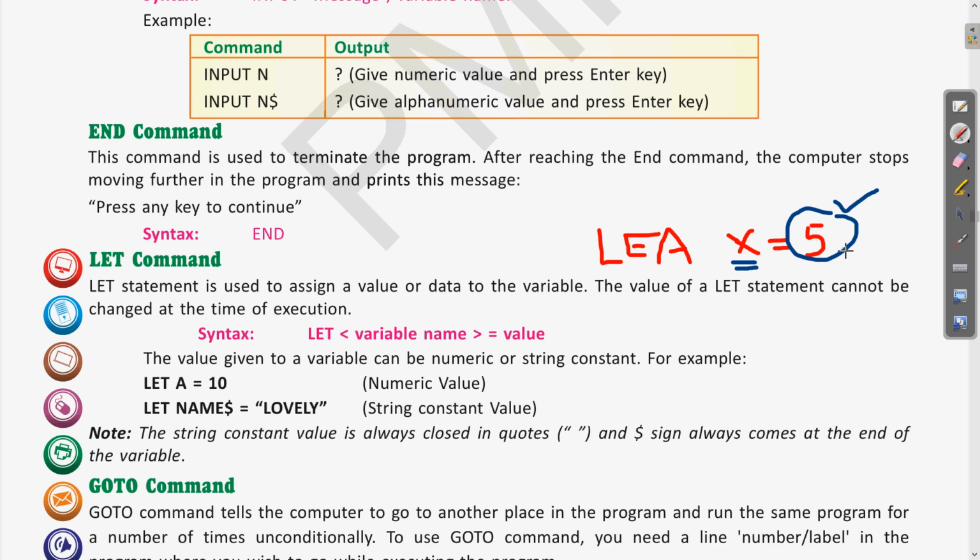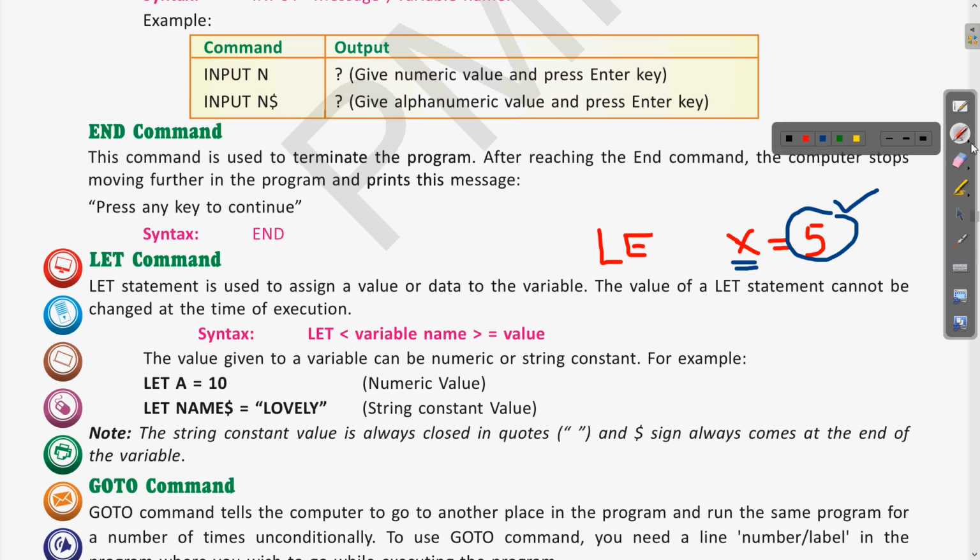The 5 will not change till the program is executing. Then x is a variable, and the command name is let. Okay, sorry, here it will be let x is equal to 5.